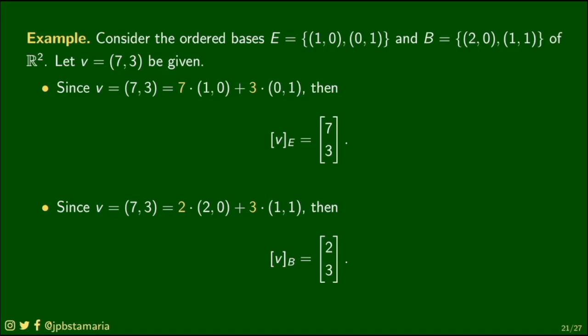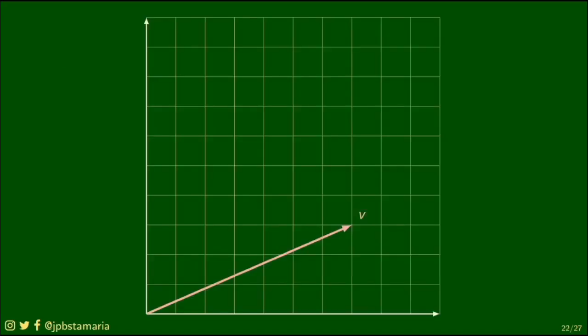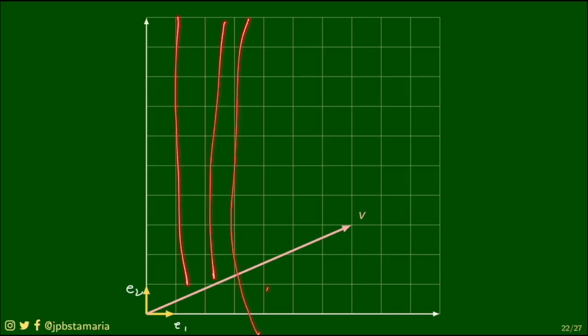So what is happening geometrically is the following. Here, I'm depicting the vector V, which has components (7, 3). So this is the vector (7, 3). This is the standard basis. This is E1, this is E2. The standard basis gives us this grid. This is 1 unit in the x direction, and this is 1 unit in the y direction.